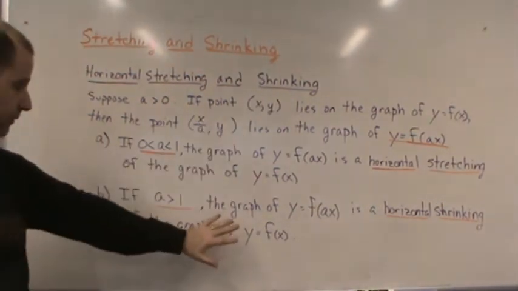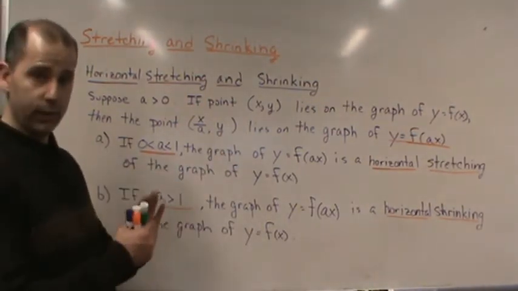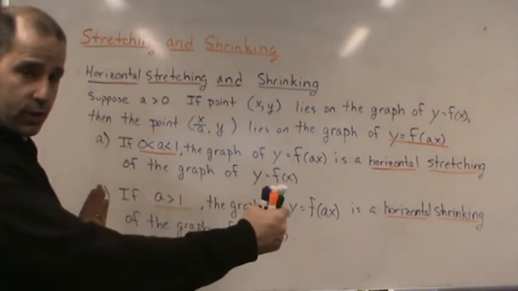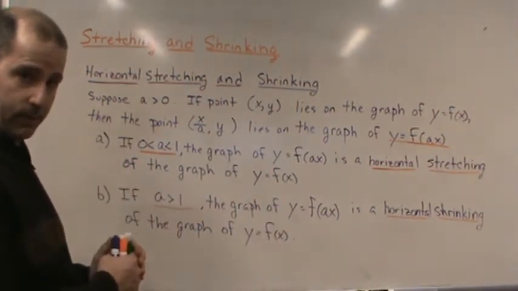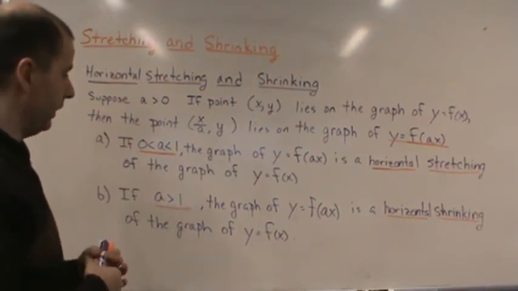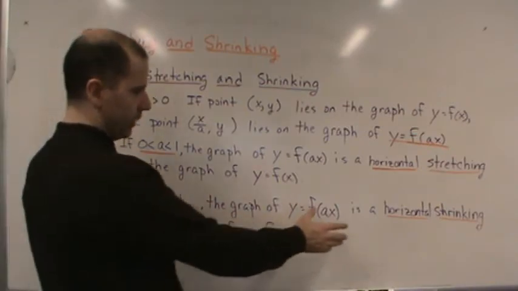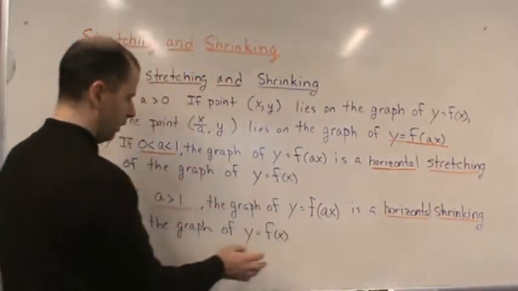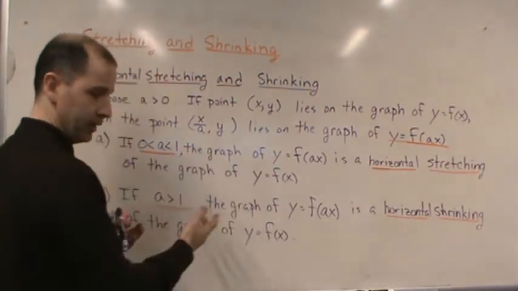If you're inside the function, then you get a horizontal stretch or a horizontal shrinking, depending on a. If a is bigger than 1, that results in a horizontal shrinking. If a is between 0 and 1, that results in a horizontal stretching.